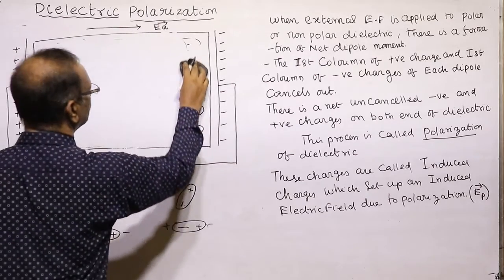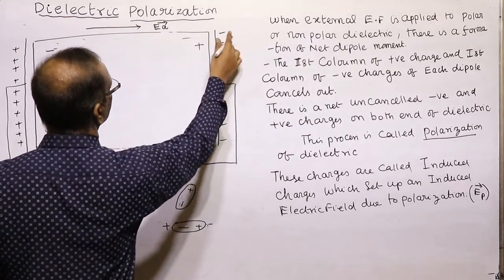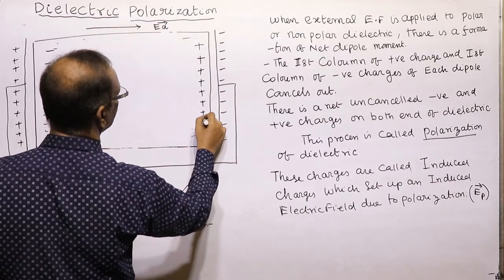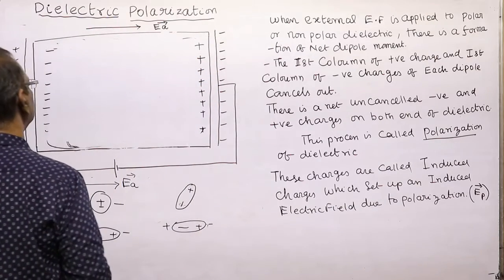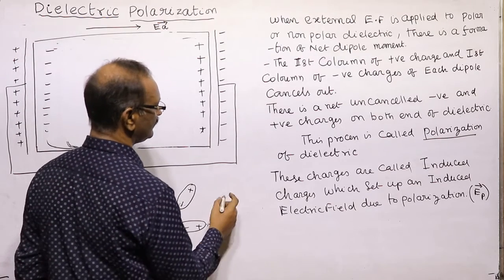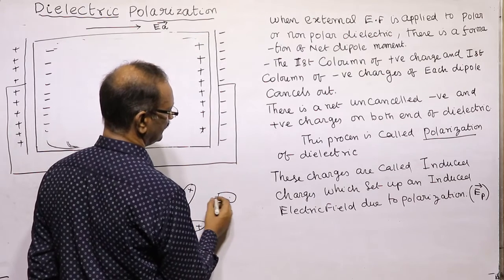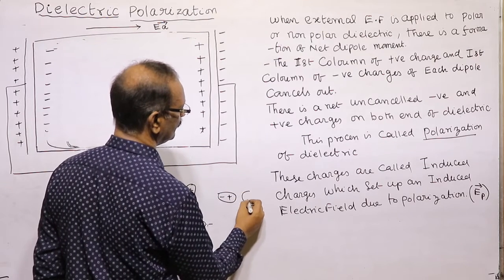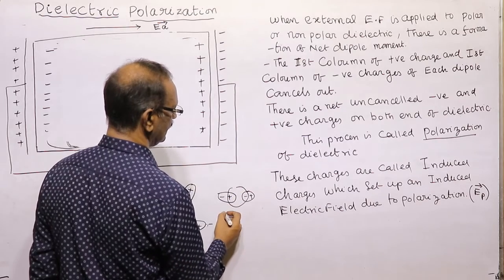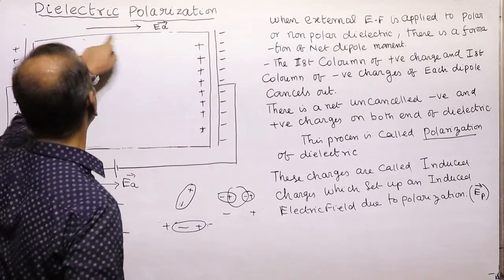Now here, this is the negative side, so it will definitely be positive and positive. The dipole disappears. There is a net uncancelled charge, because here you see one molecule, plus minus, another molecule minus plus, this and this get cancelled, and this is left out. That is what is happening here.